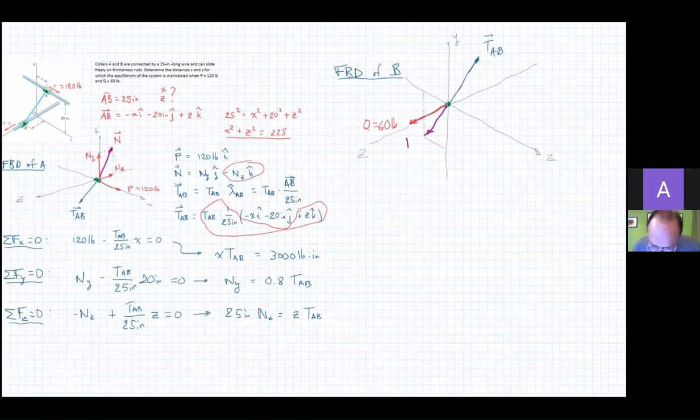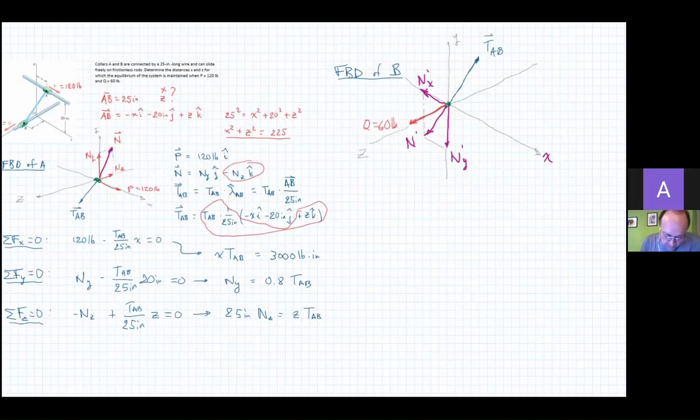Let's call this one N prime, this one N prime y, and this one N prime x. All right. So I have three forces.